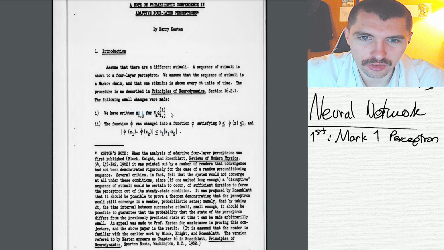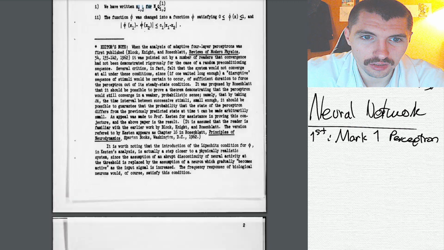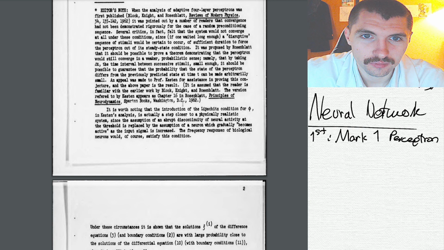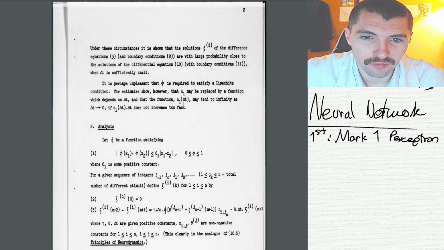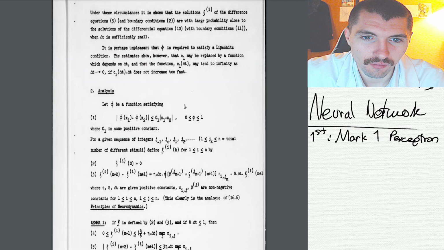So are these neurons? Markov chain, delta time units. Okay. So phi is either 1 or 0 or between.